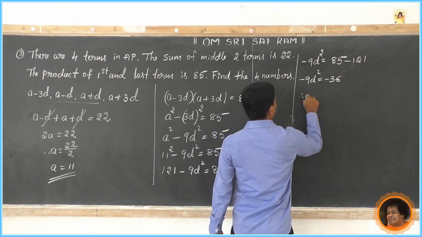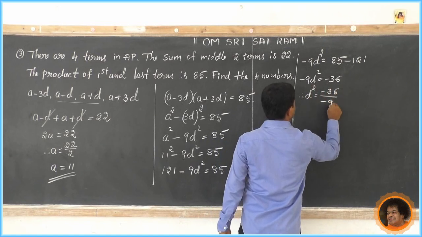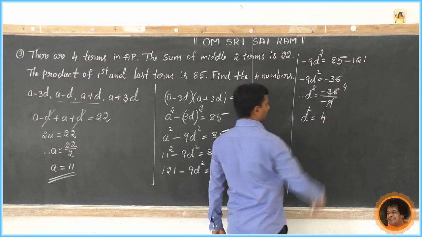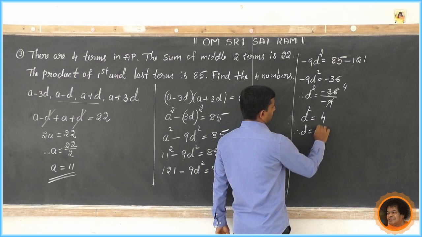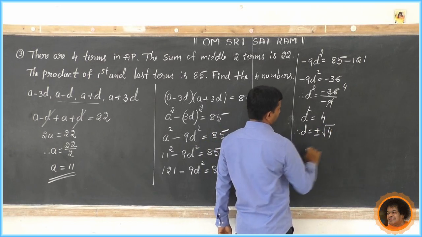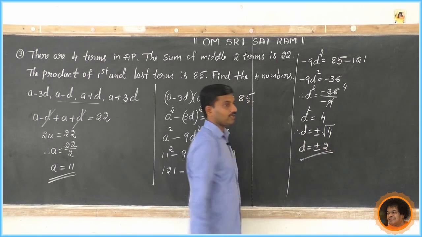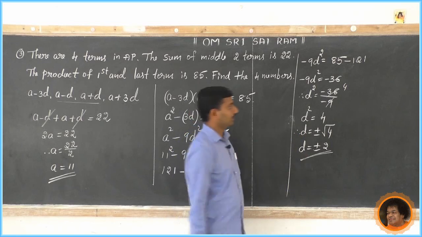Therefore d square equals minus 36 by minus 9. 9 fours are 36, so d square equals 4. So how to find the value of d? d equals plus or minus square root of 4, so d equals plus or minus 2. This is the value of the common difference.